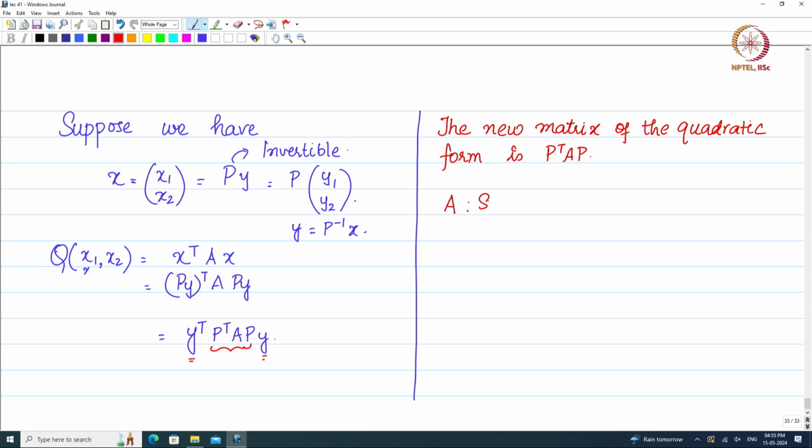We already have taken A to be a symmetric matrix. So, recall A is symmetric. What do we have?